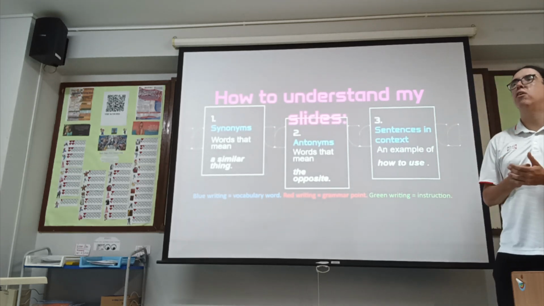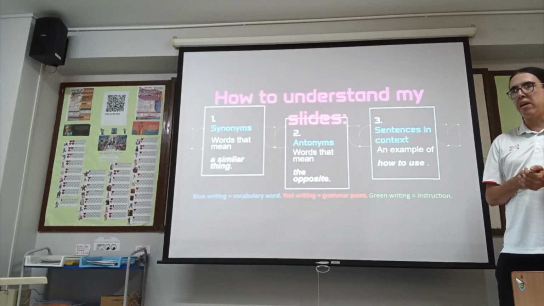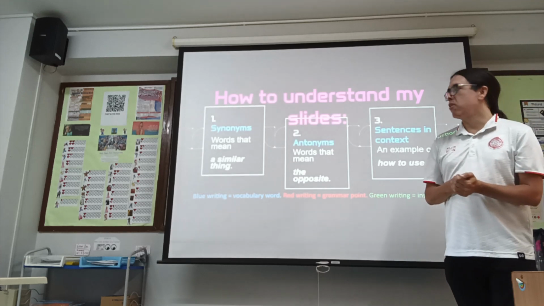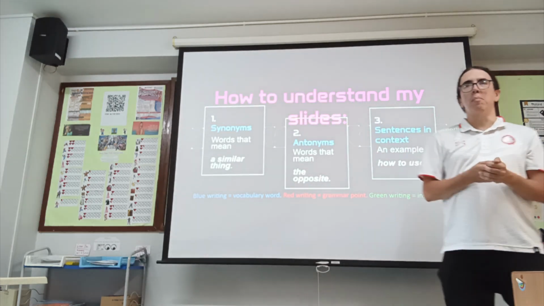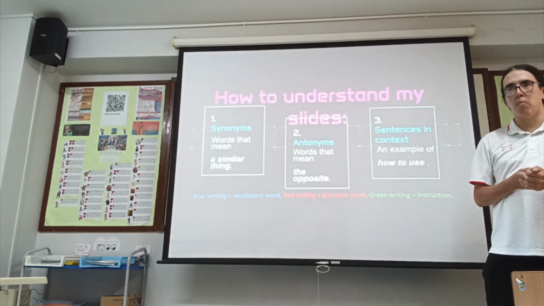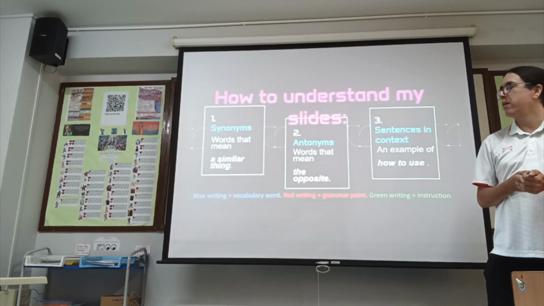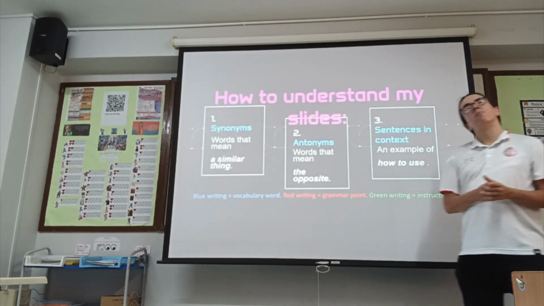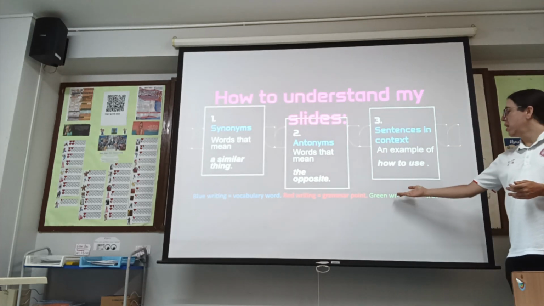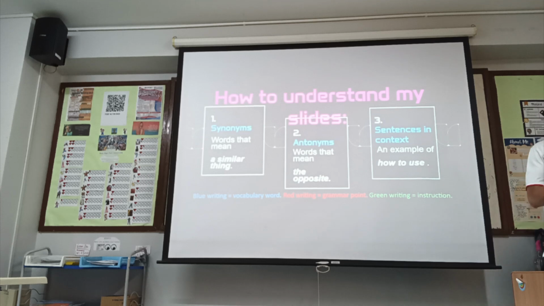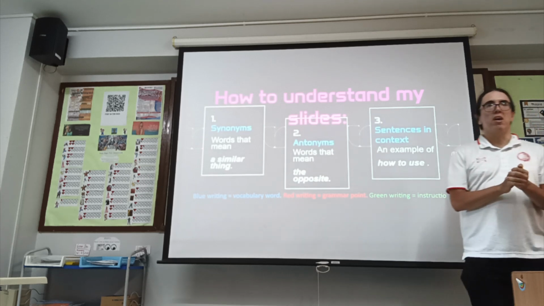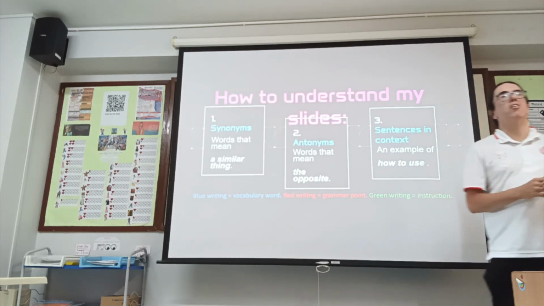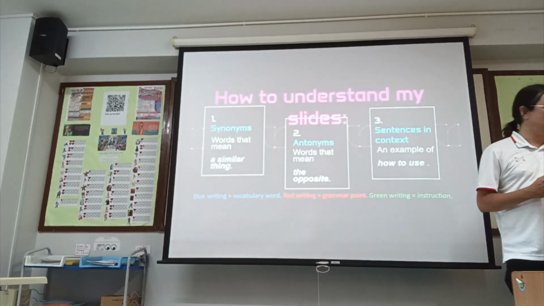Now, my slides are color-coded, which means it should be easier for you guys to understand. If it's blue writing, that means it's a vocabulary word, or one that you should know the meaning of. Red writing, that's a grammar point. And green writing, now that means something I want you guys to do. If it's green, it is an instruction.